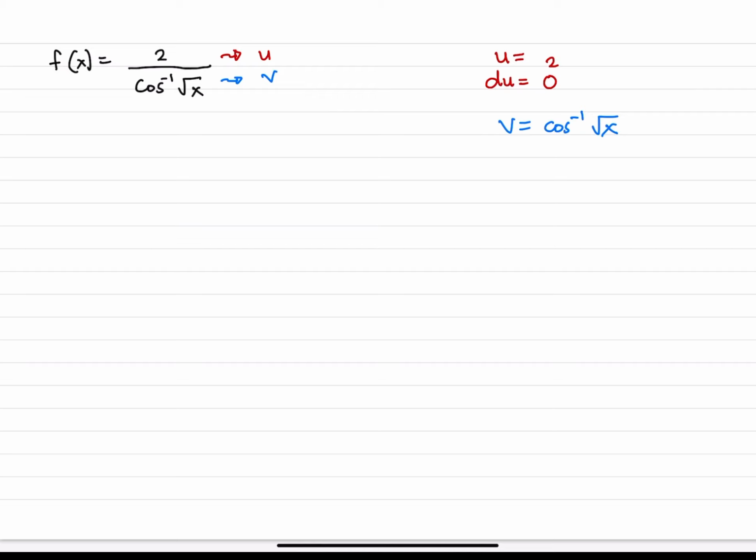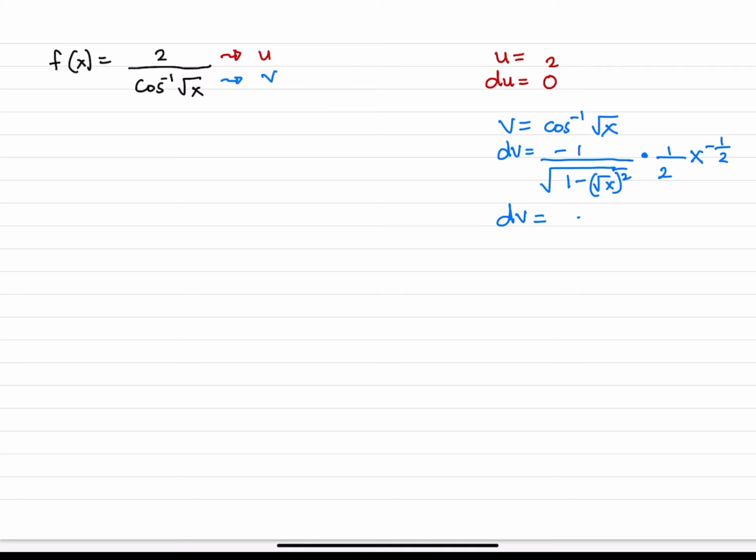And so dv then, applying the rules for inverse trigonometric differentiation, is negative 1 over the square root of 1 minus the square root of x squared times, from chain rule, the derivative of the square root of x, which is 1 over 2 x raised to negative 1/2. So let's simplify this further.